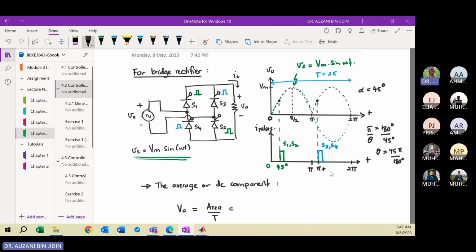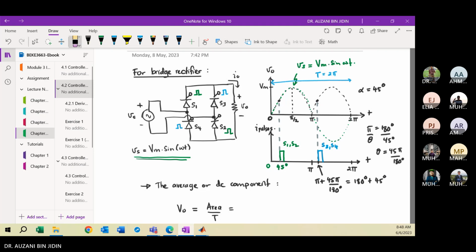So what is the value here? To convert 45 degrees to radian, this angle, this point will be pi plus 45 times pi divided by 180, right? So this is in radian. Or in degrees, it will be 180 degrees plus 45 degrees.